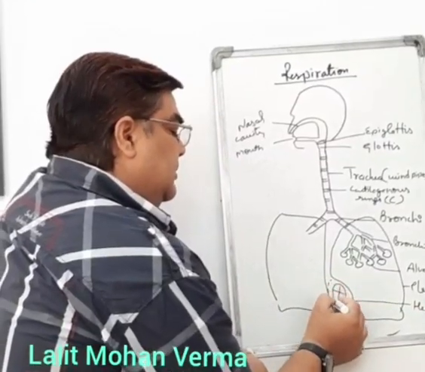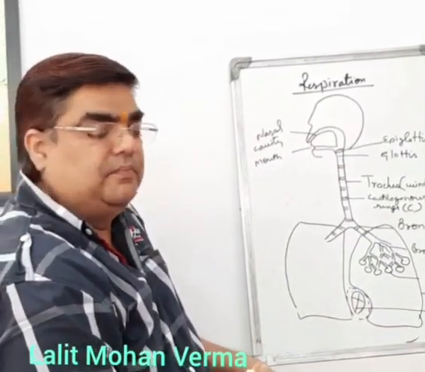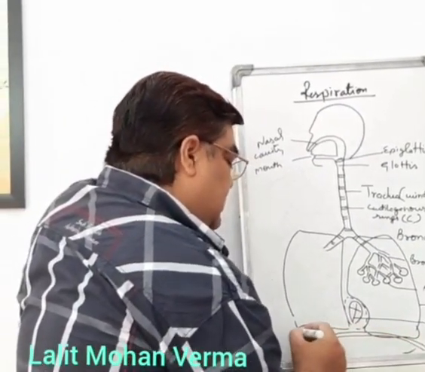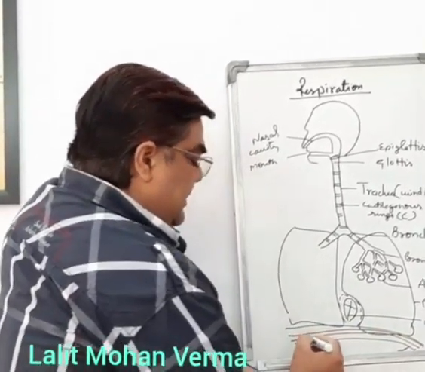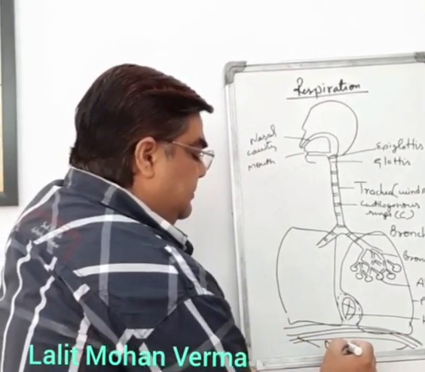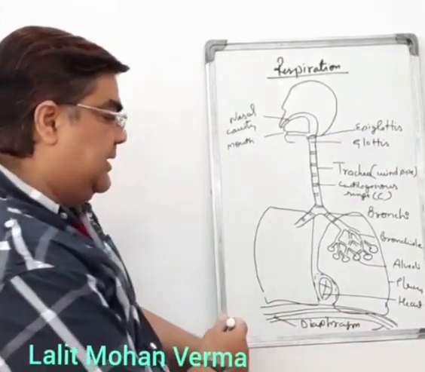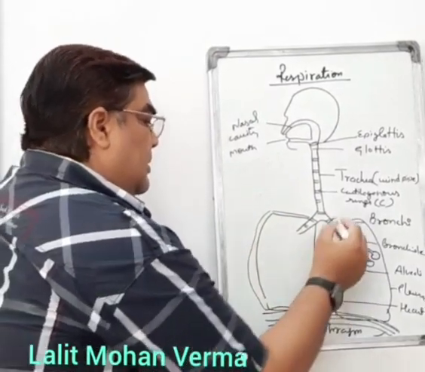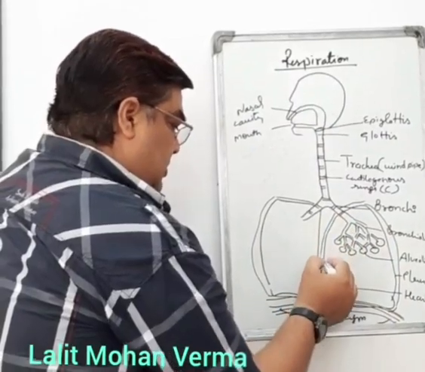This portion is called mediastinum, and below the lung there is a strong dome-shaped muscle called the diaphragm. So this is the structure of the lung or respiratory tract, you can say.